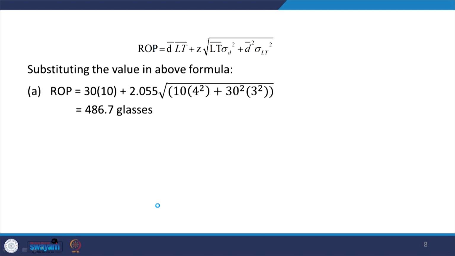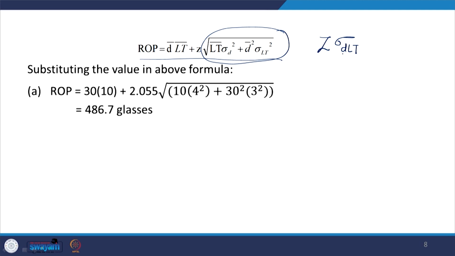So, these are the data available to us. Since it is a complicated case, you have both D bar and LT bar, that is the demand during lead time, and this is Z into sigma DLT.